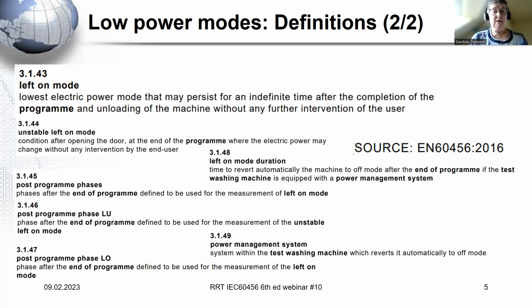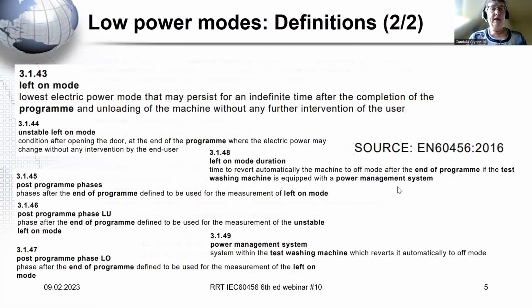And the other one is after the program was switched off automatically or not automatically. The automatically switching off is linked to a terminology. This is called power management system here in this case, and therefore this definition was included here as well. We will come back to the elements of that further.